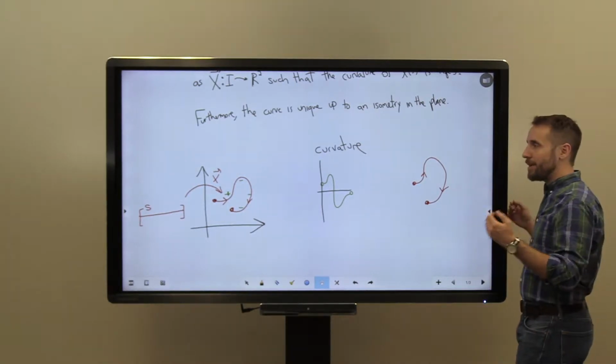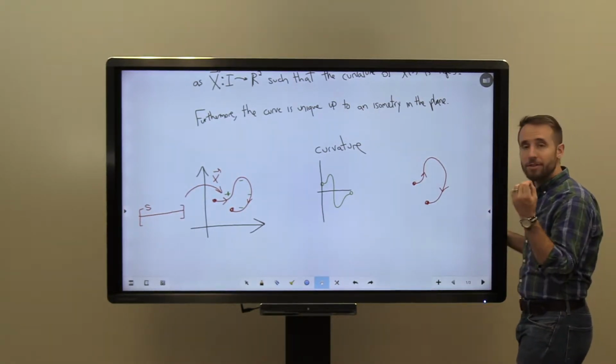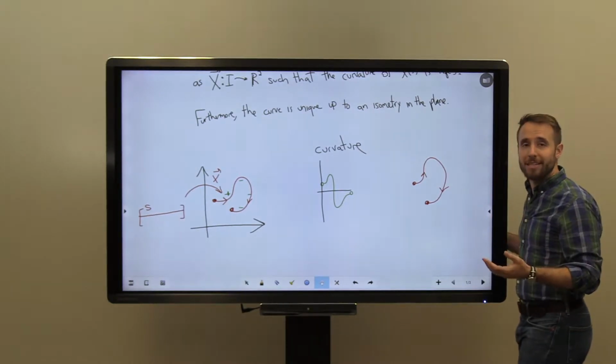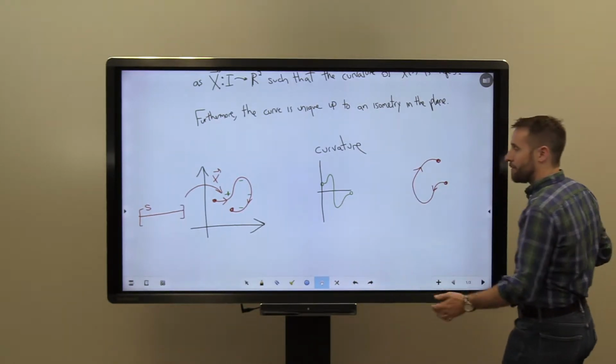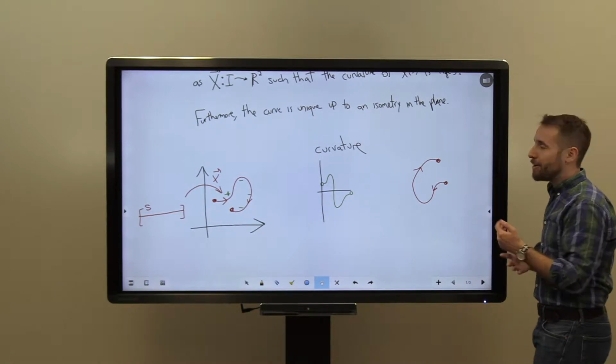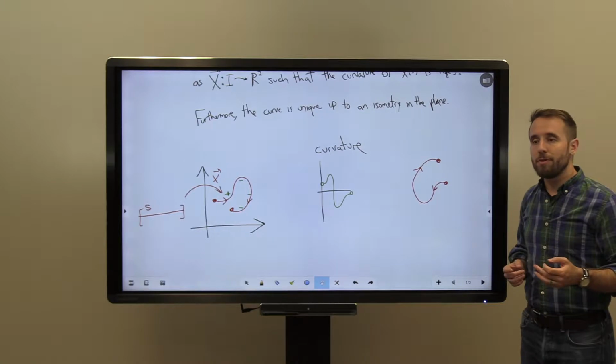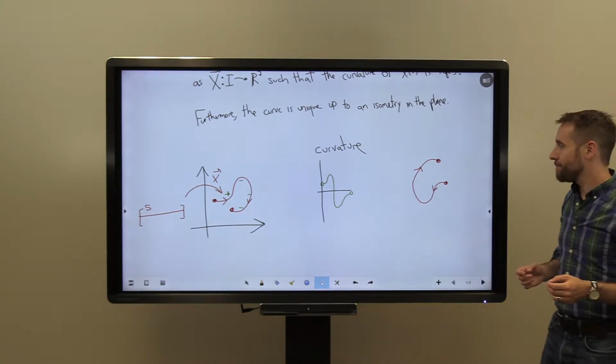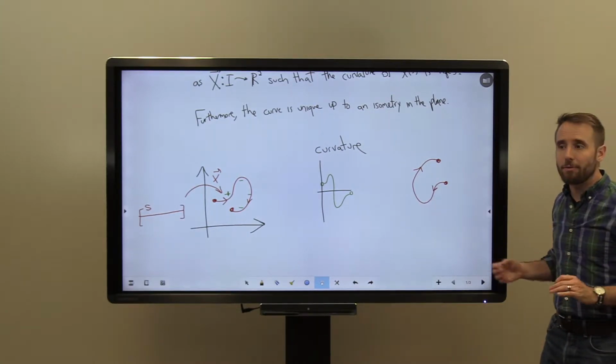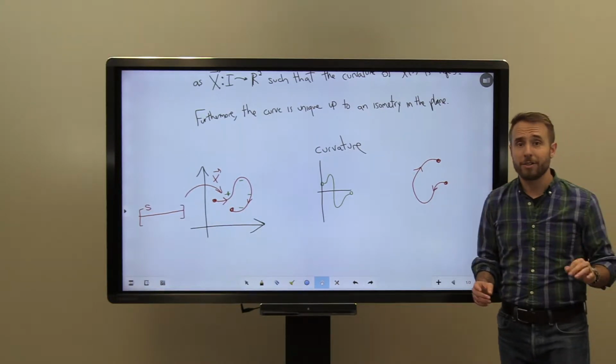It's possible we could be looking at a different curve, but it might have a different start point, or it might have been translated or rotated somehow. For example, something like this. We could end up with a curve that looks the same up to a rigid motion, or an isometry, of the plane. That is a pretty big result, and in this video, we're going to talk through the proof of this result.